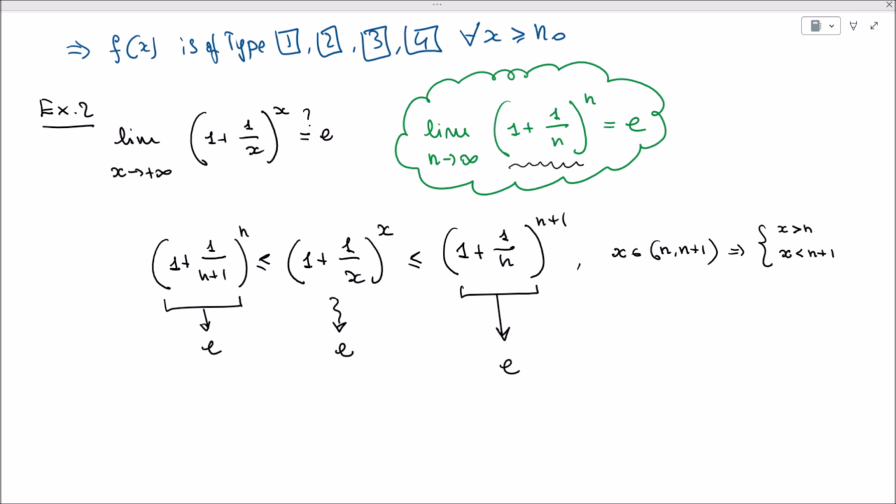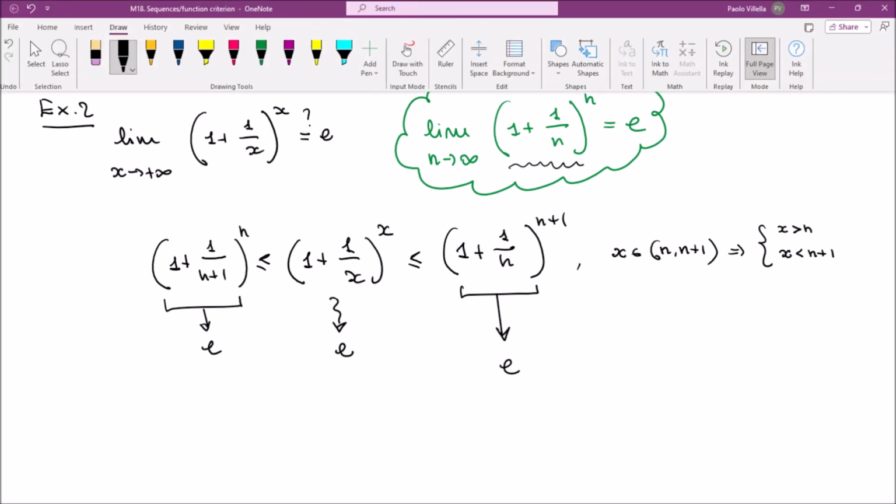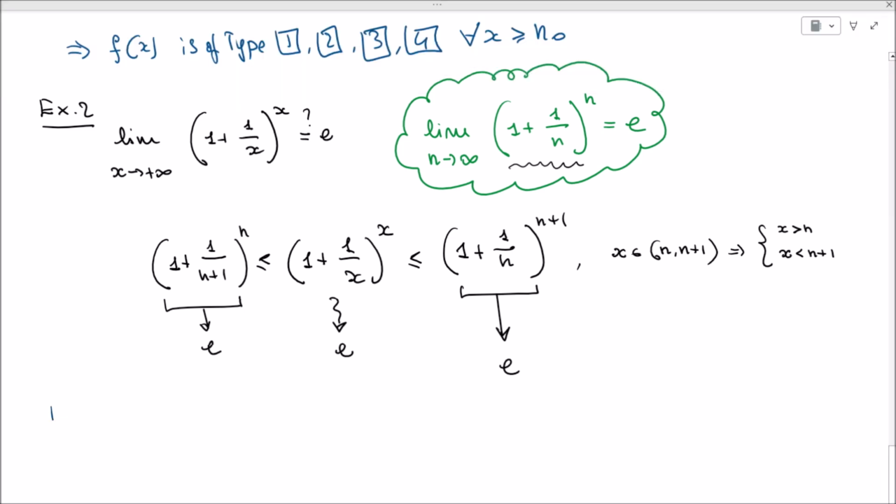Now let's prove that both the left hand side and the right hand side will converge to e. Let me start with the right hand side.